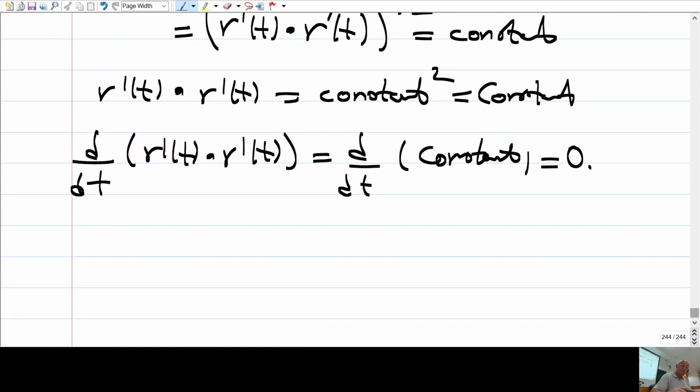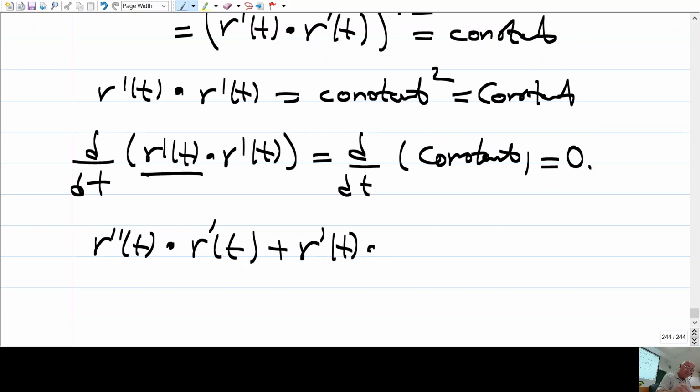What about this gadget? Well, we use the Leibniz rule. Derivative of the first one, well, it is the second derivative, dot product with the first derivative, plus the first derivative dot product derivative of this, well, it is the second derivative, and this is 0.